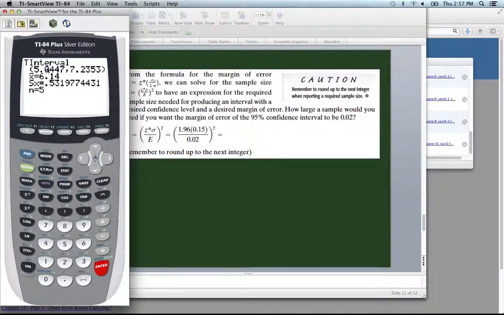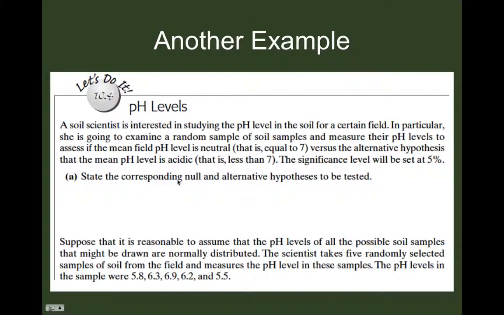So our interval estimate for the pH is between 5 and 7.3. And I could say 5.0 here.